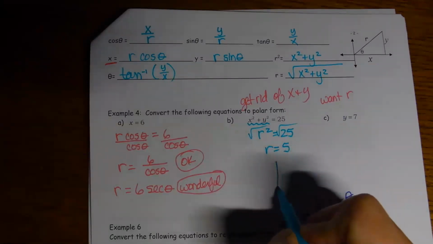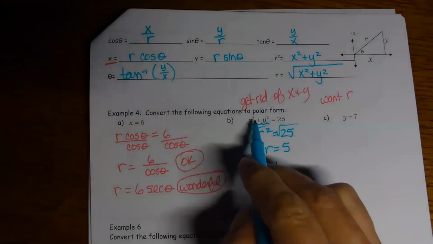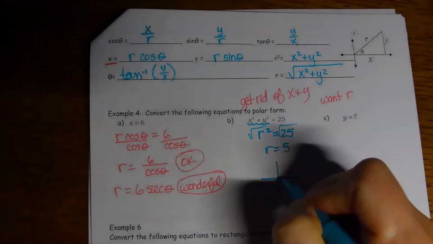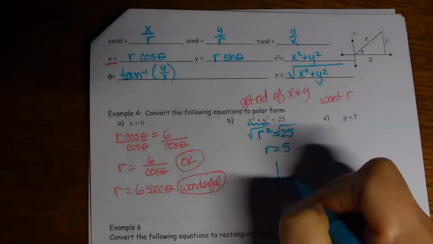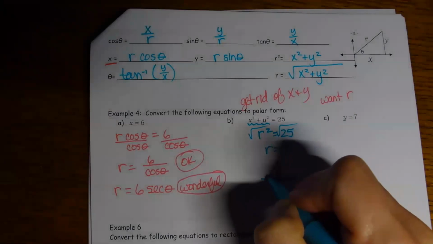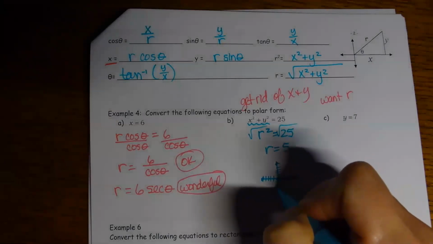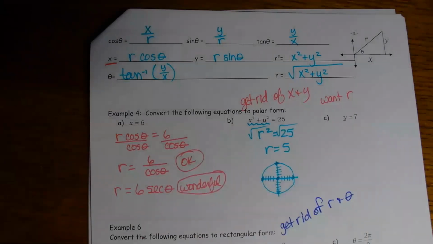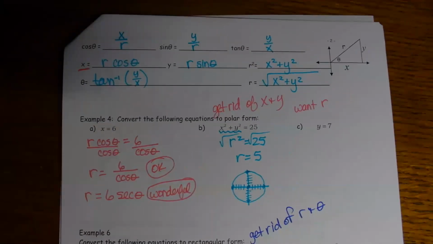So if you want to pull yourself back to geometry, because there's no number with x or y, the center's at 0, 0, the radius is 5. We have a circle. So we're not taking away what you used to know. We're not taking any of that away. It's the same thing.